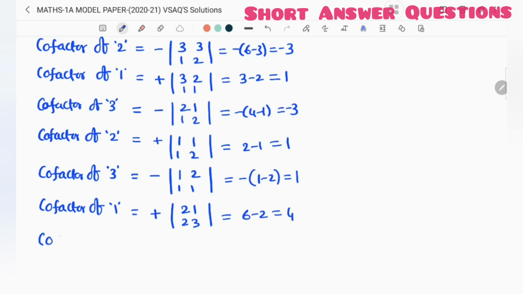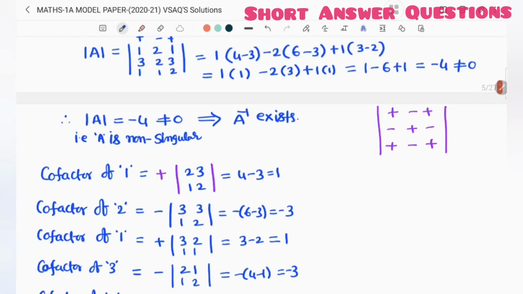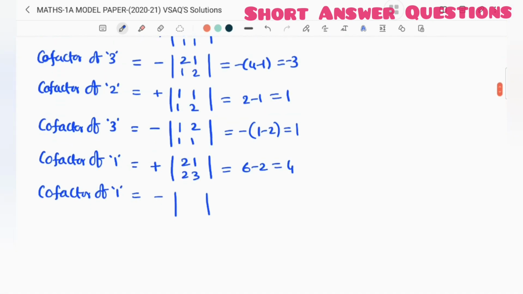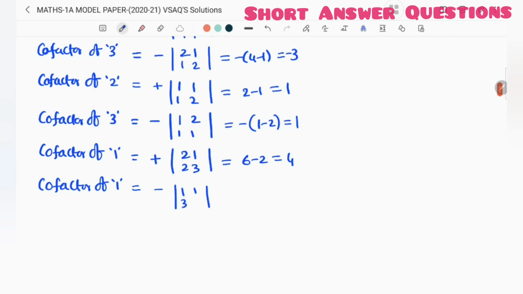Next, the cofactor of the element 1, here minus, eliminating the third row and second column, 1 1, 3 3 will be there. So clearly 1 1, 3 3, so minus of 3 minus 3, which is 0 only.